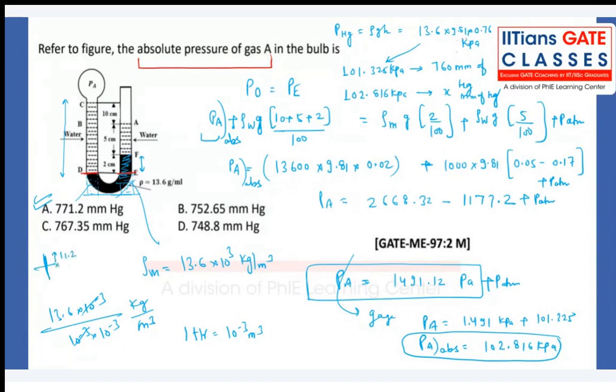But atmospheric pressure is what, my dear friend? 760. So the total will be 771. That is the total value from our basic zero line. 760 was our atmospheric pressure in terms of mm of Hg, and 11.2 is nothing but the gauge pressure, and the total value is absolute only.